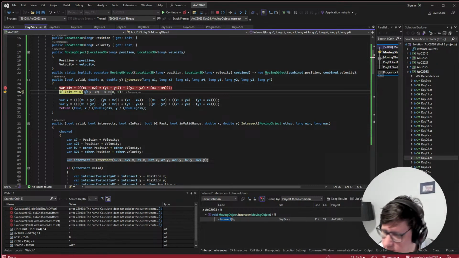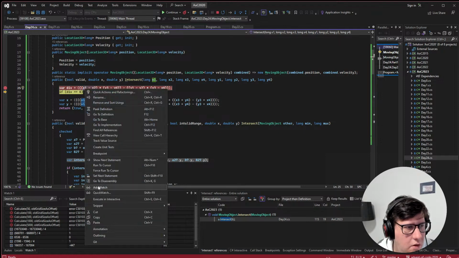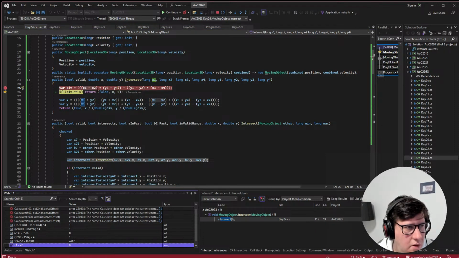So this one says it's 0. No ints or floats anywhere in there. No, it's just two longs. So this one is 0.